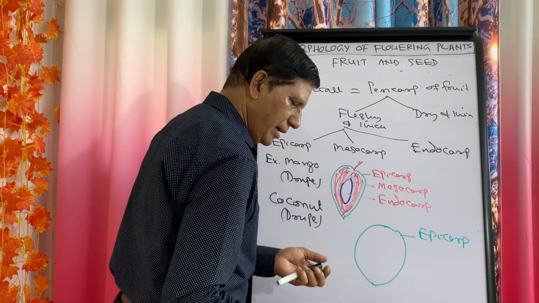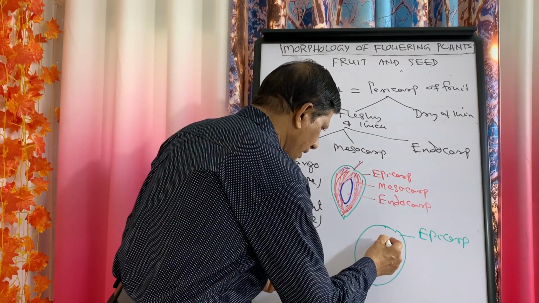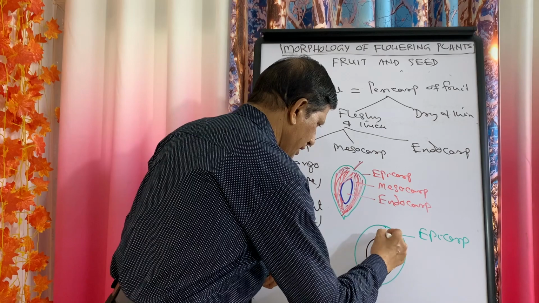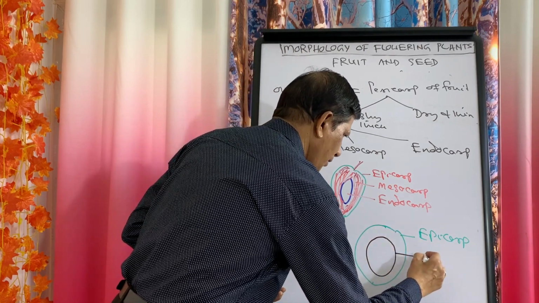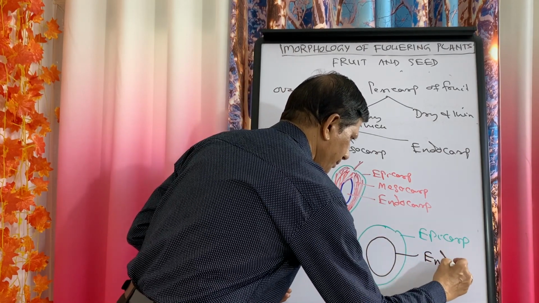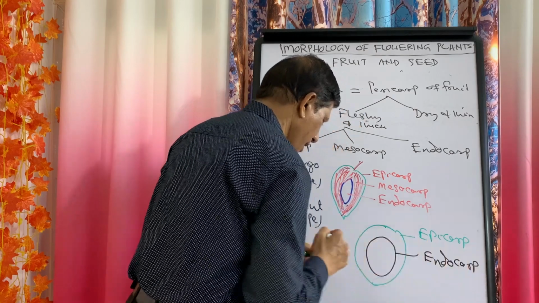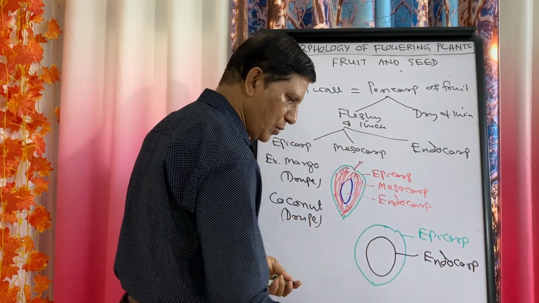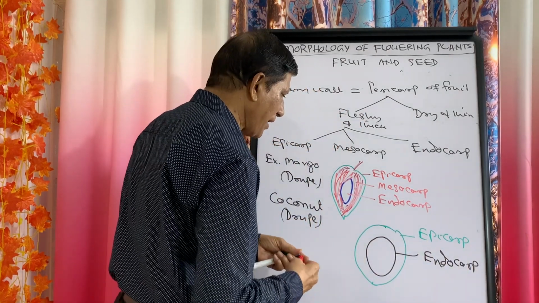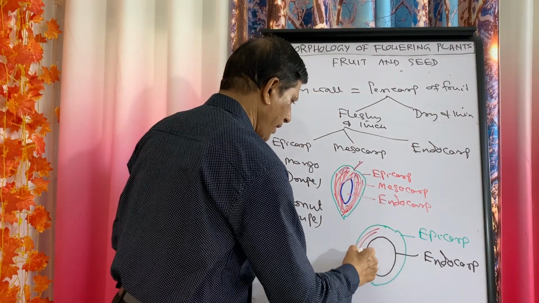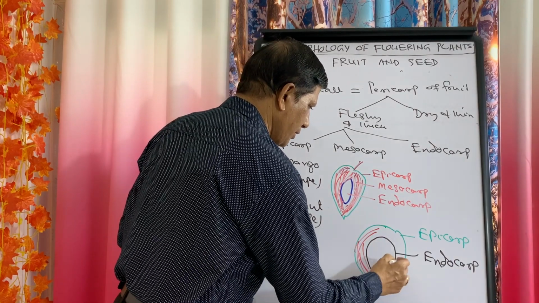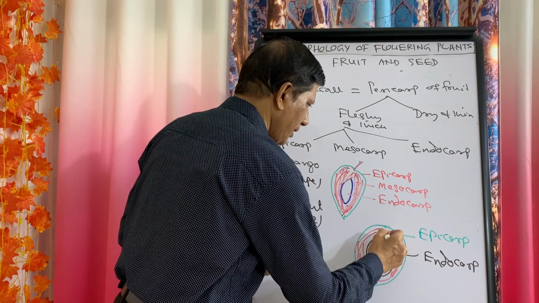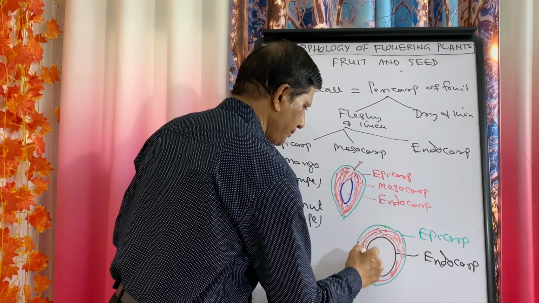Then there is a very hard shell. This is known as endocarp. And in between these two, there are fiber-like structures. The fibers are the mesocarp.